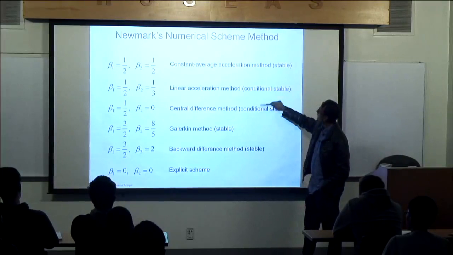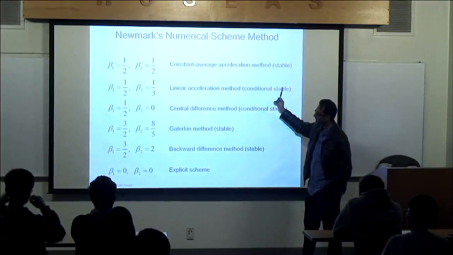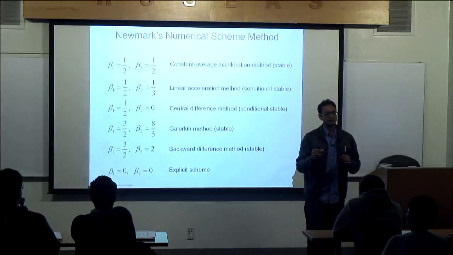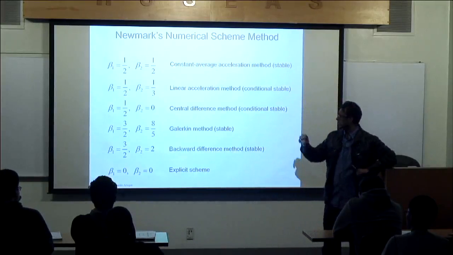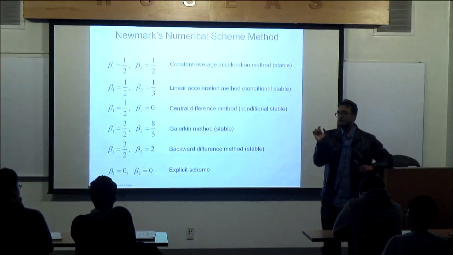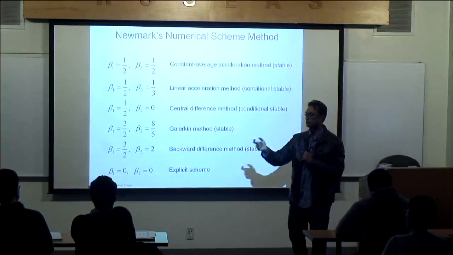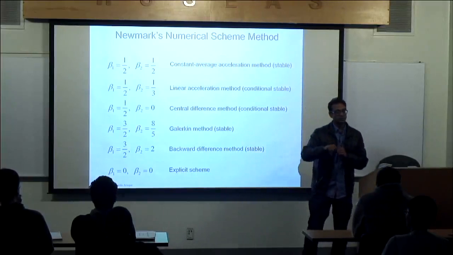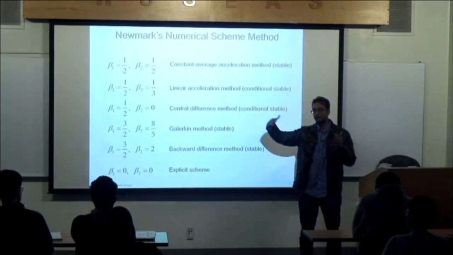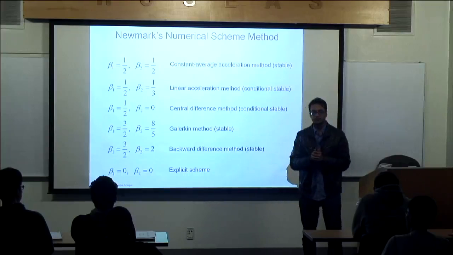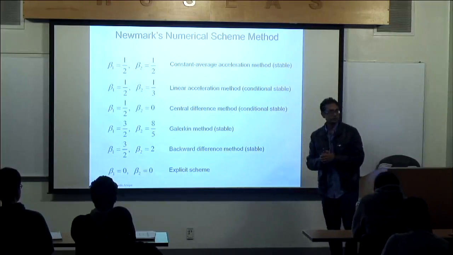Okay? And some of them are conditionally stable, and some of them are stable to begin with. Okay? And we talked about that. Conditionally stable means that I need to have specific restrictions on delta t for me to have a stable solution moving forward, so the time march solution does not go unbounded, an oscillatory response that does not make any sense. Unphysical response.